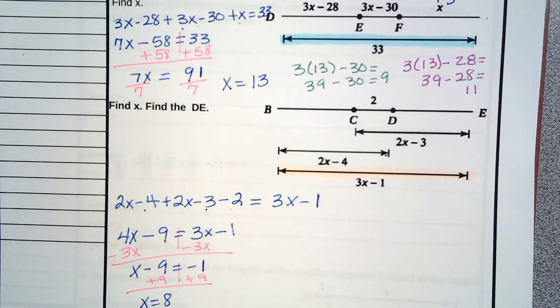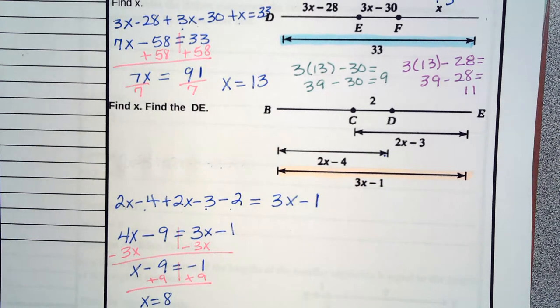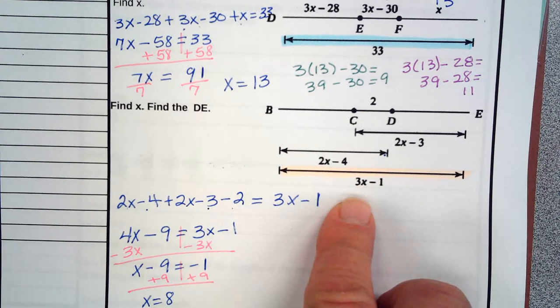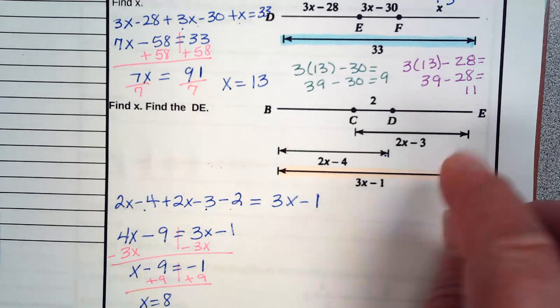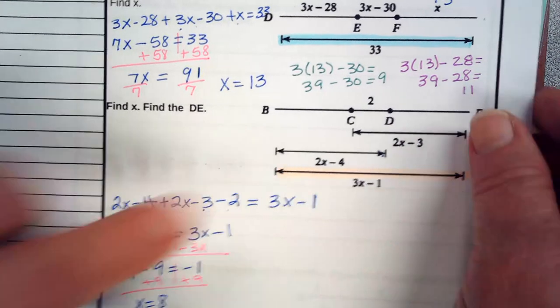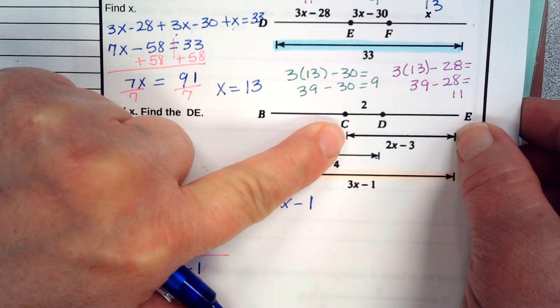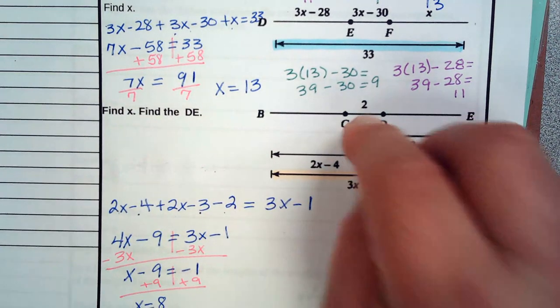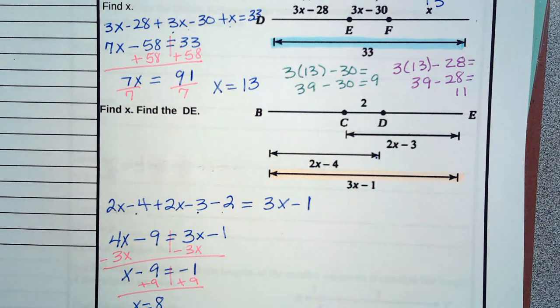Okay, so if I want to find the whole length, I know what x is equal to, and I know what this is equal to. But it's asking me to find DE. This is DE. I know it is this much minus that 2. So I'm going to set it up as an equation.